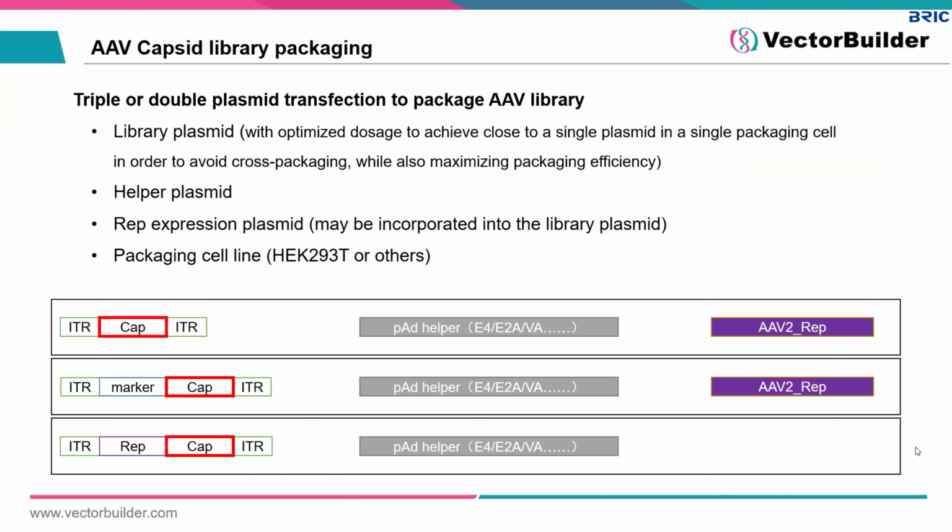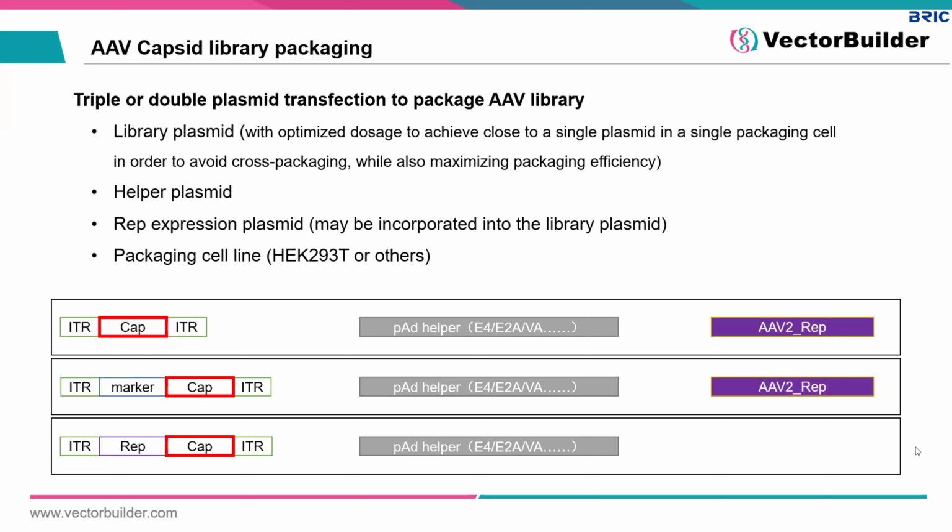Before that, I'd like to briefly introduce the AAV packaging system that we use in this AAV capsid library packaging. It's very similar to traditional non-capsid-library AAV packaging. We also use the triple or double plasmid transfection system to do AAV packaging in AAV capsid evolution projects.